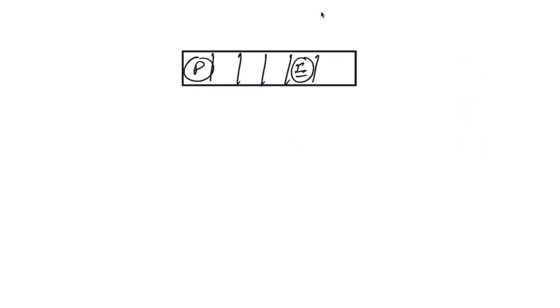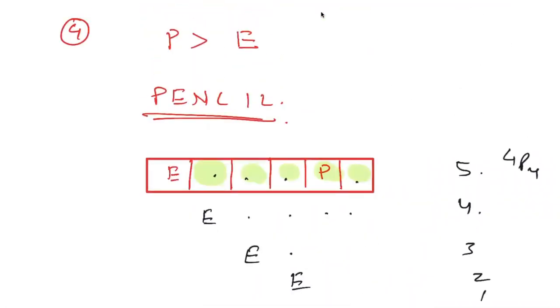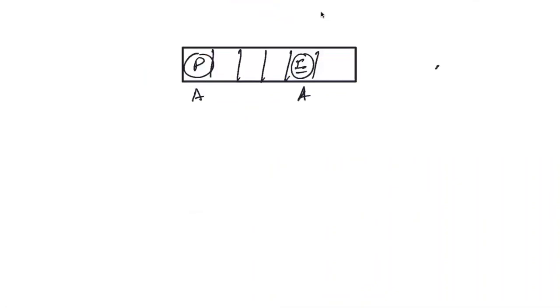So let's suppose I'm saying both are A, right? Both are A of the same alphabet or something. So the total arrangement in this case, the total of this is 6, so this will be factorial 6, and two A's are same, so I'm saying divide by factorial 2.